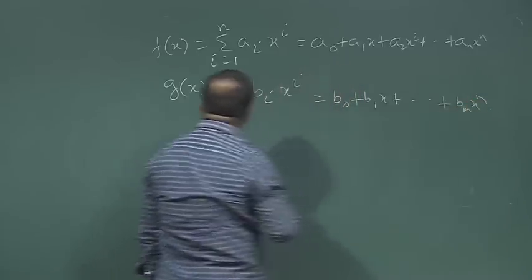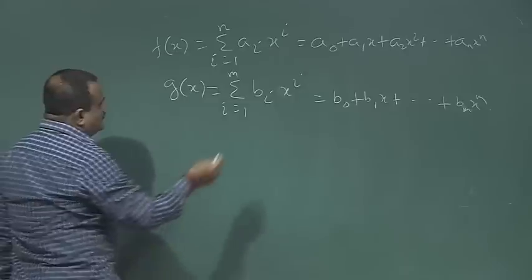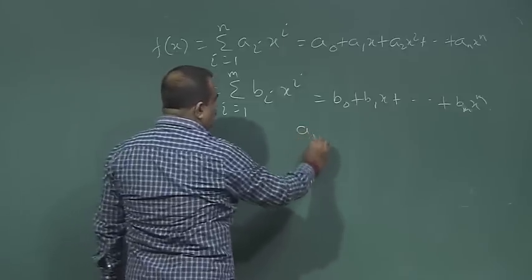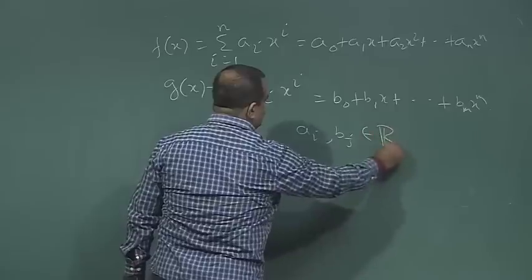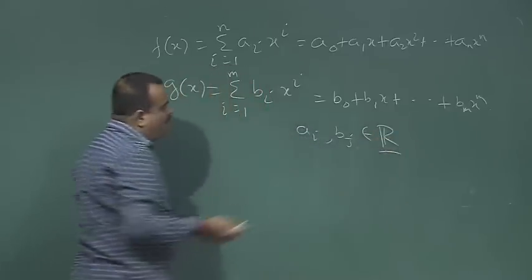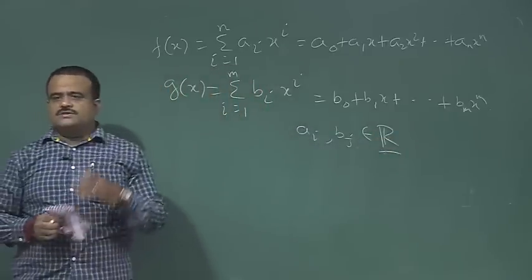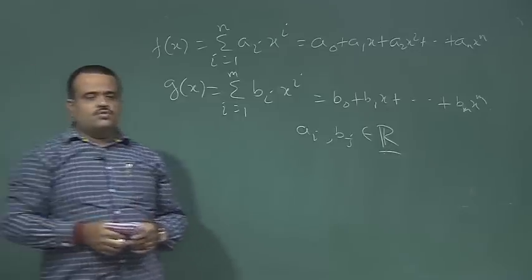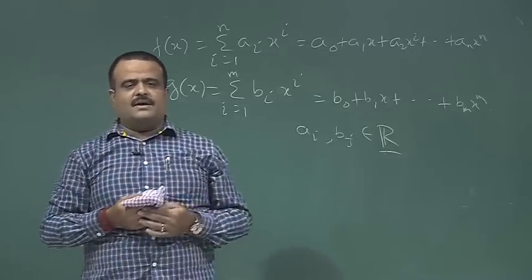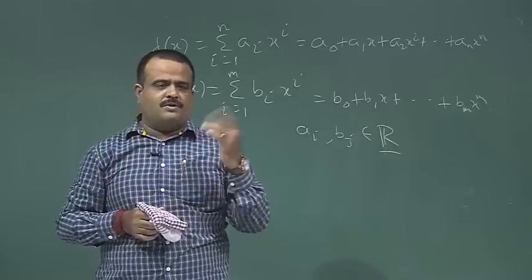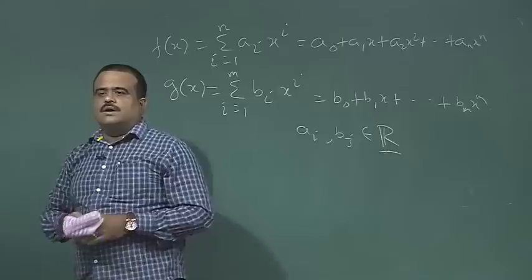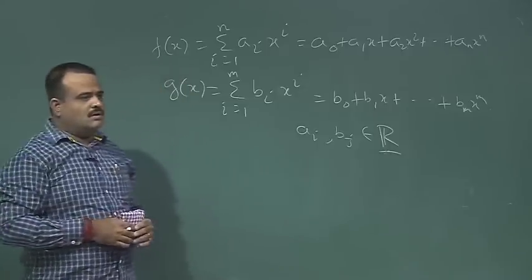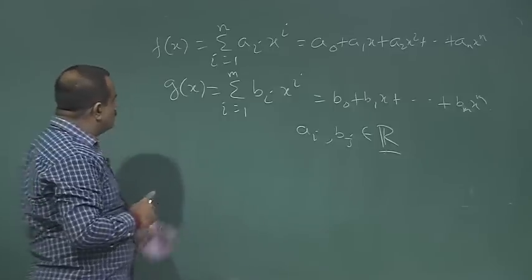So, two different degree polynomials. These a_i's and b_i's are coming from some ring or some field. We need this to be a field to have the set of polynomials mod some irreducible polynomial be a cyclic group. This is called a Galois field. We will talk about that.